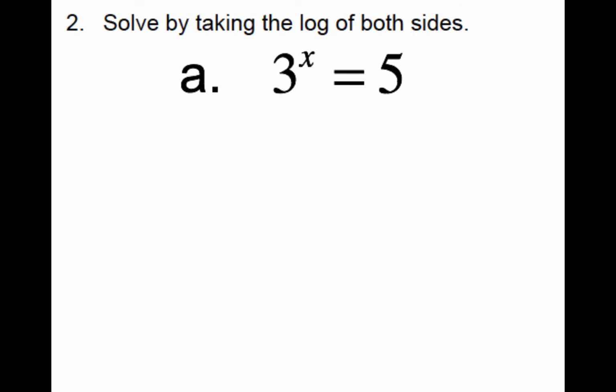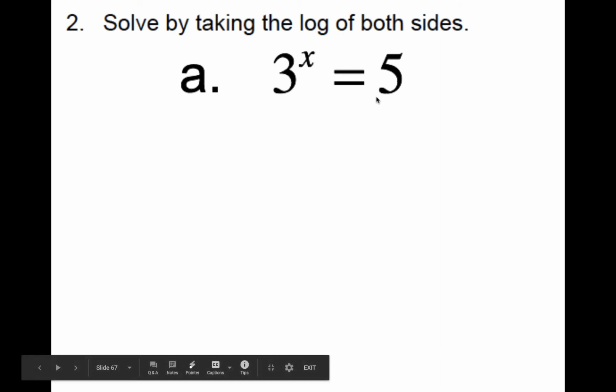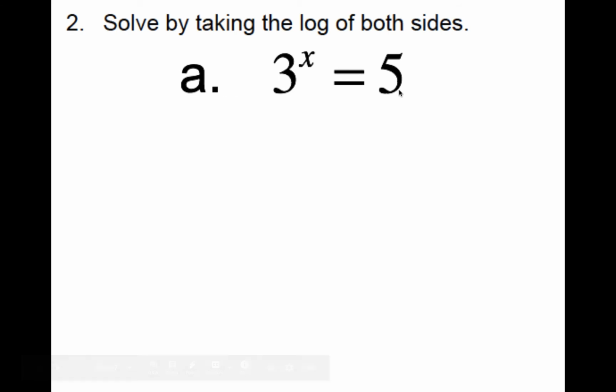Number 2 says to solve by taking the log of both sides. Notice it is not possible to make 5 have a base of 3. 3 to the 1 is 3, 3 squared is 9. It's got to be between 1 and 2 to make this equation true. So making bases equal doesn't work. So instead, we're going to make this a log equation. We have to write the word log if we're going to make a log equation.